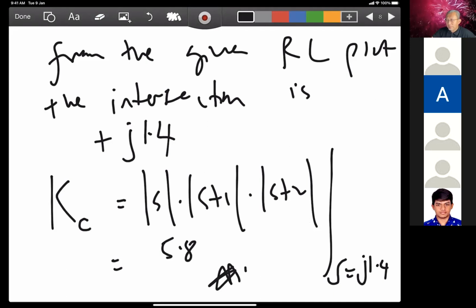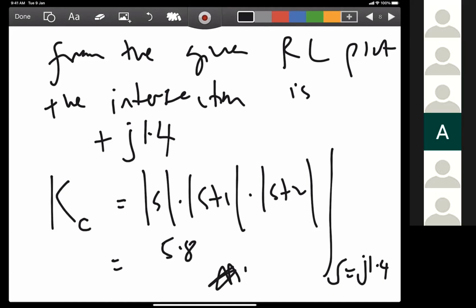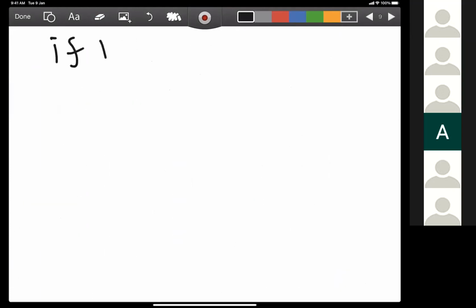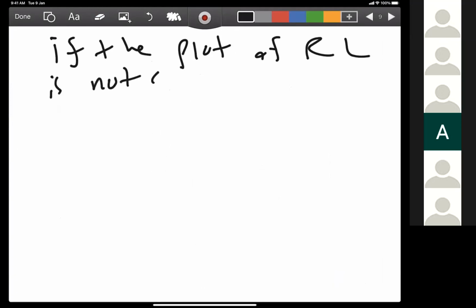So if the plot is not given, how are we going to calculate? Abdul Ghani? Yes, Doctor. If the plot of the root locus is not given, how do you find the intersections of the locus with the imaginary axis?